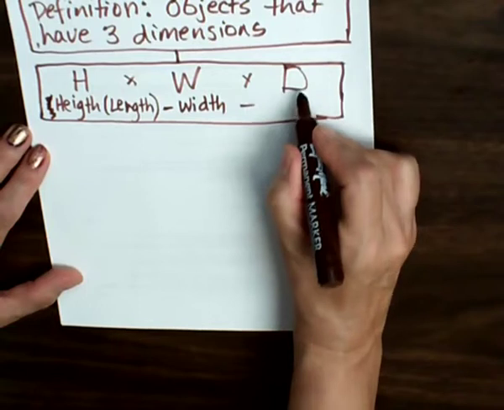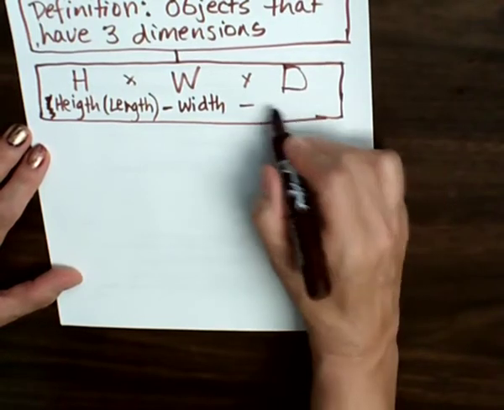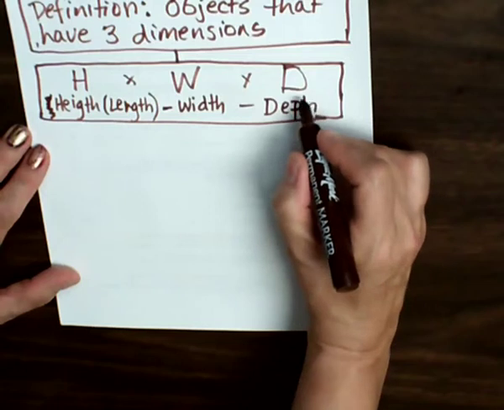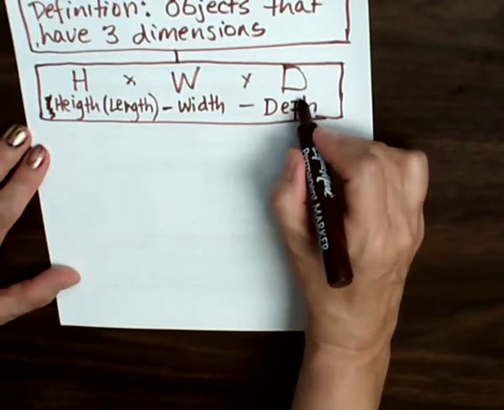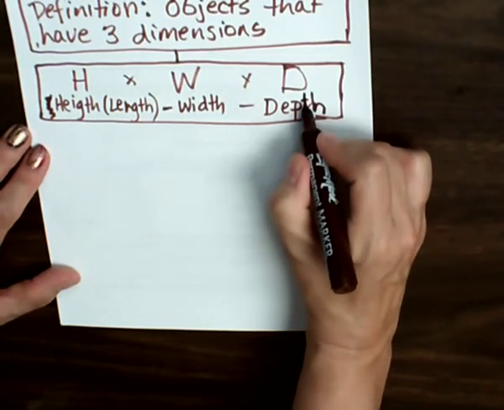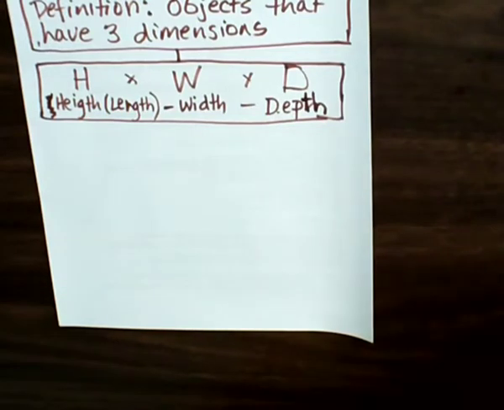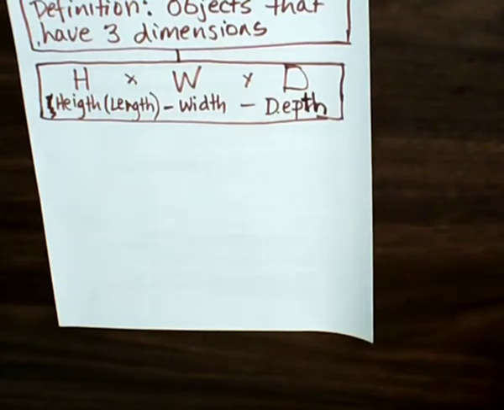And depth is maybe the term your book doesn't use. What does your book say? I'm not looking at my book and I just spelled depth wrong. D-E-P-T-H. Michael, what does it say in your book? Do they use the word depth?